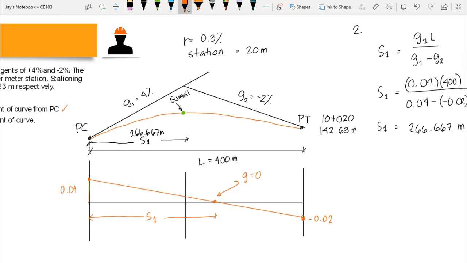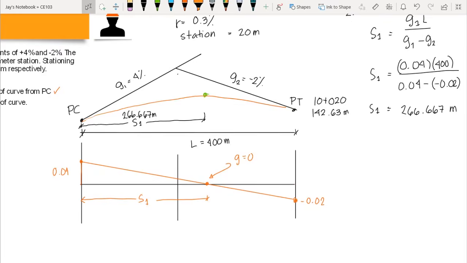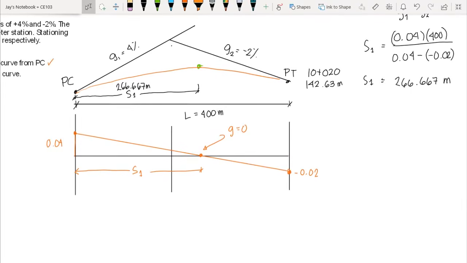By the way, we have an incorrect assumption. Our summit should be at this point, so therefore we have an incorrect curve. To compute for S1, we will just be using ratio and proportion, in which we have the relationship 0.04 over S1 is equal to 0.02 over this length here, which is 400 minus S1, correct?